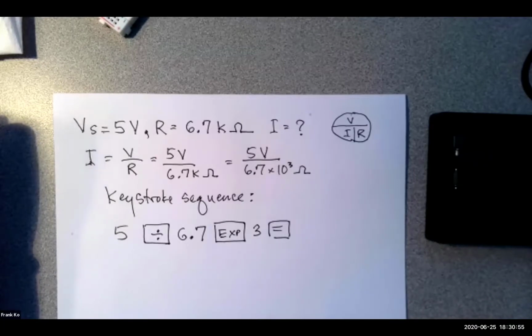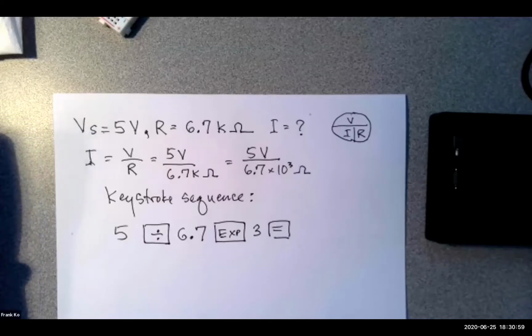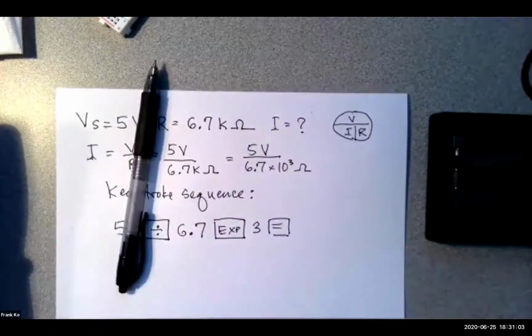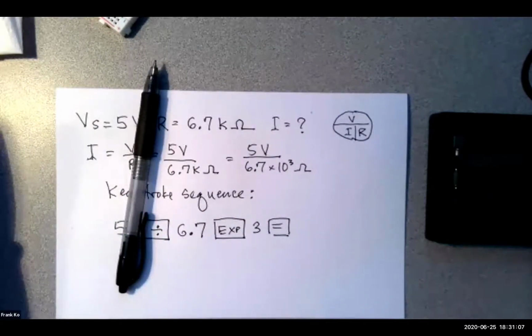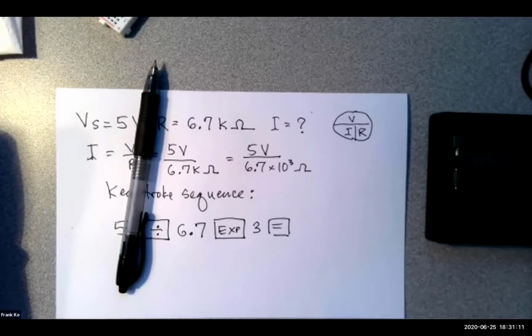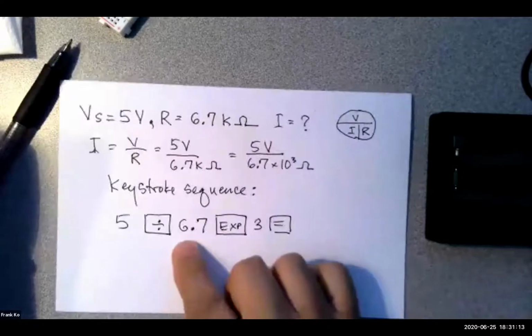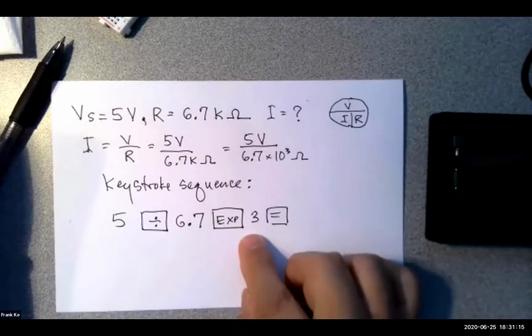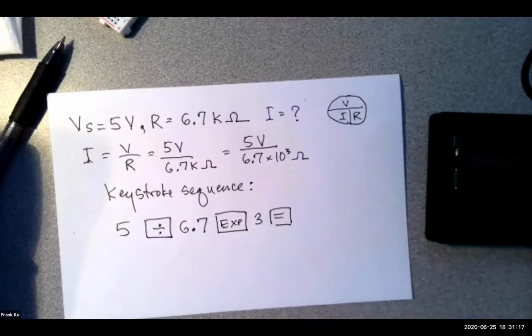Do you have a calculation for us? I got 4156. Okay, could you read that again? So it would be 5 divided by 6.7 kilo, and you were a little faint at the very beginning of the sequence of numbers. Could you read that nice and loud into your laptop?